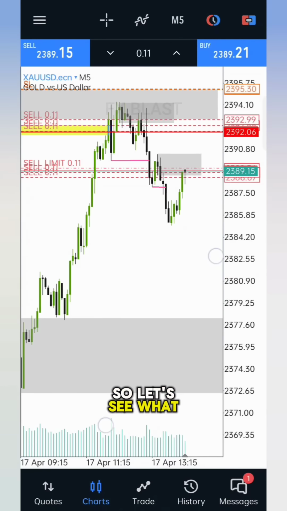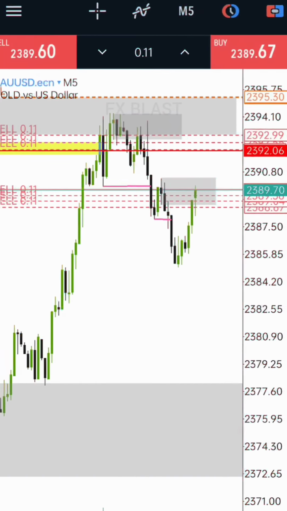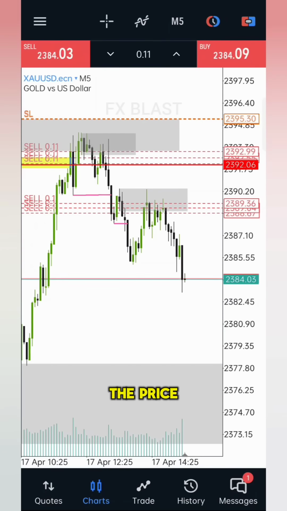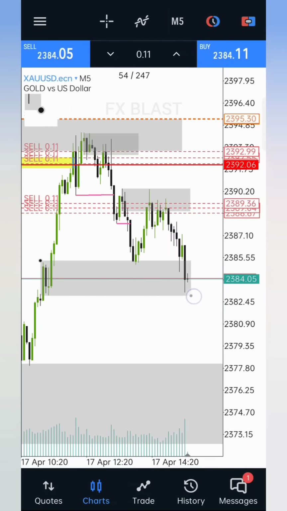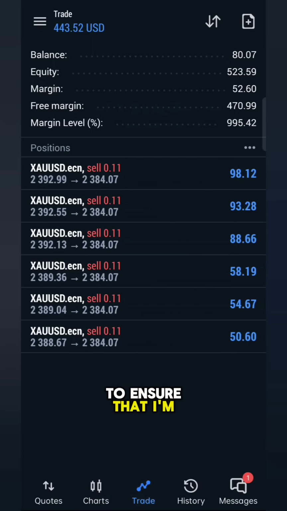So, let's see what happened next. One hour later. Guys, the price has fallen from the supply zone, and entered another demand zone. So, I closed all of my trades and saved my earnings to ensure that I'm safe.